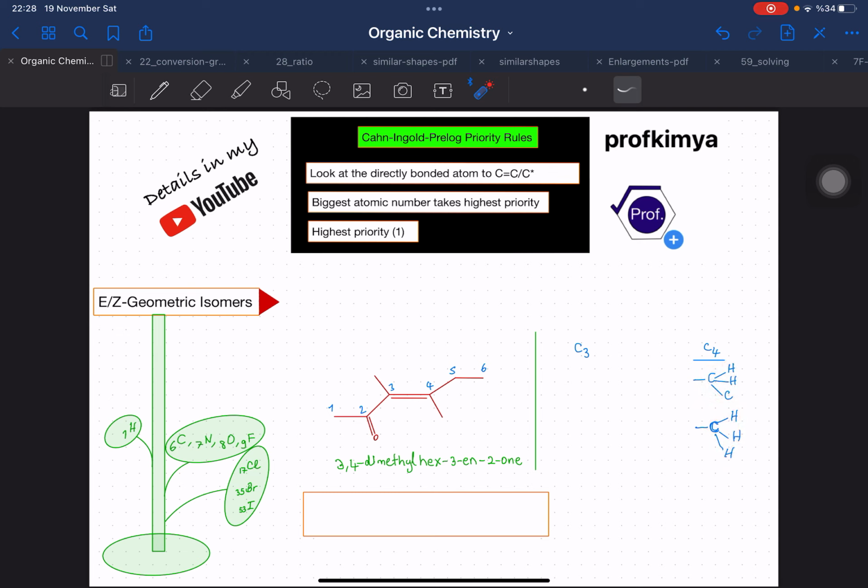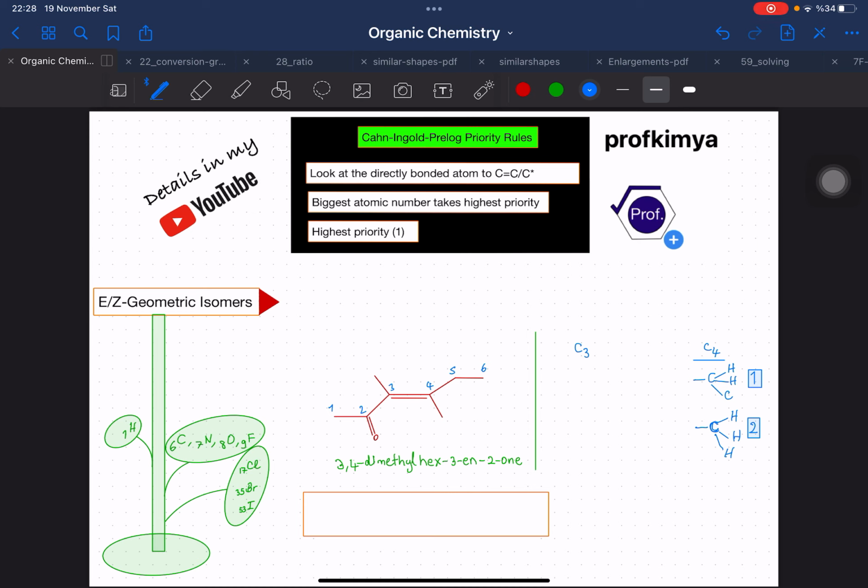So highest priority is this one. Number 1 is ethyl group. Number 2 is methyl group on the C4 carbon.